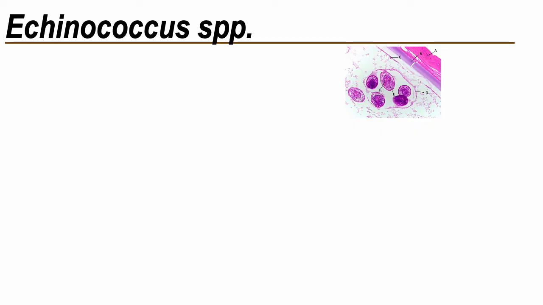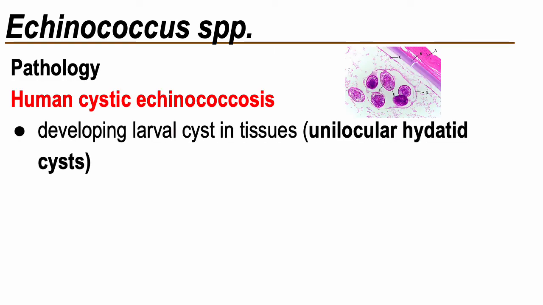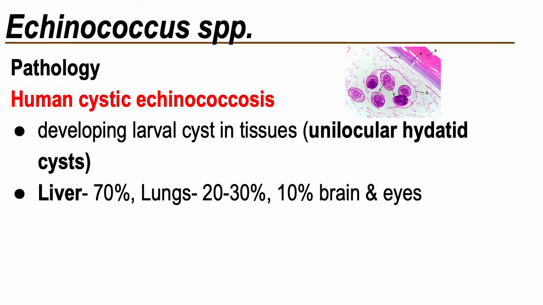So for the pathology of Echinococcus granulosus, this is also known as human cystic echinococcosis. So this is caused by the developing larval cysts in the tissues of humans, called the unilocular hydatid cysts. So the most common and most important site of involvement is usually the liver, which accounts for about 70% of the cases, while lungs account for 20 to 30%, and other organs such as brain and eyes account for 10% of the cases.